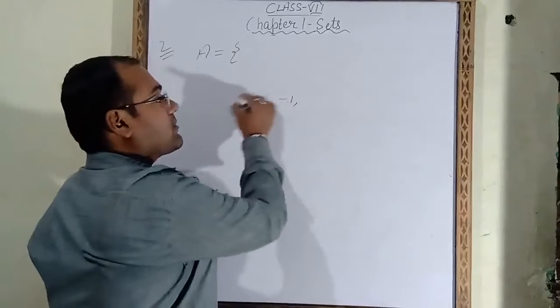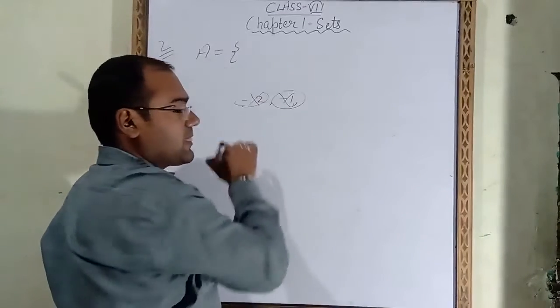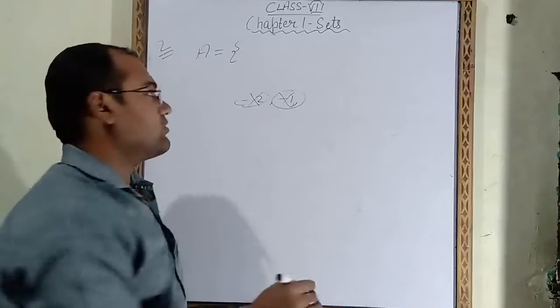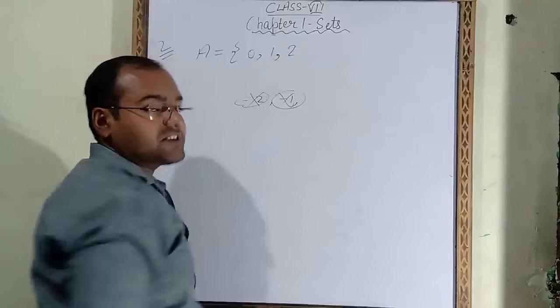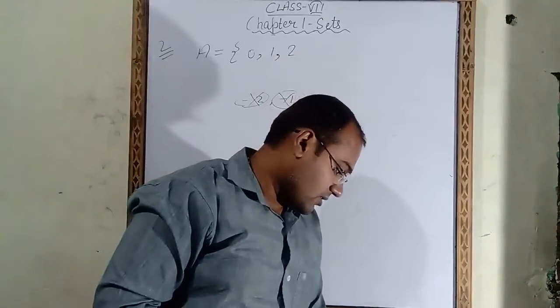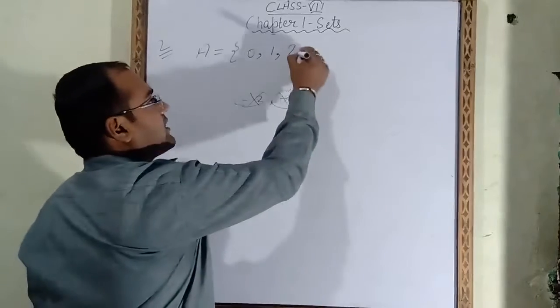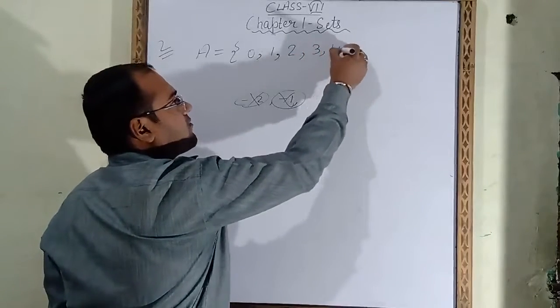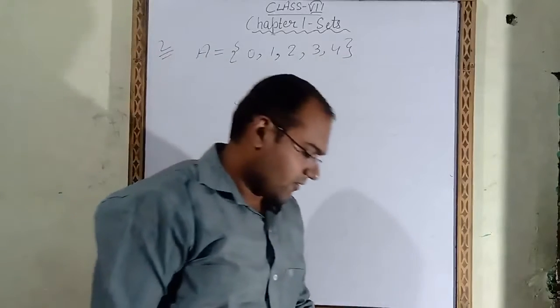But these are not coming under the category of whole numbers, so we will not take these two. We have to start from 0. 0, 1, 2. He said we have to write the numbers that are less than 5. Less than 5 we have to write 1, 2, 3, also we have to write 4. So these are the whole numbers that are less than 5.